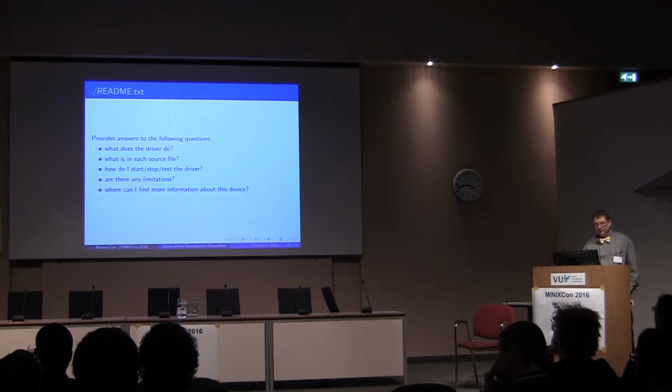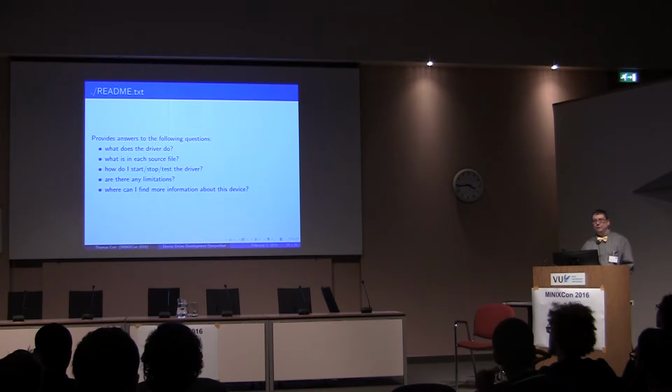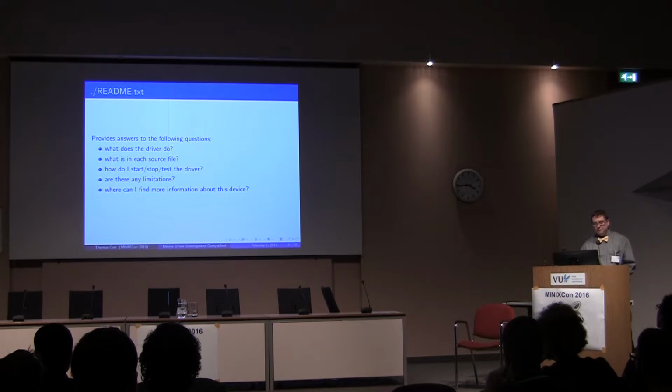And I like to include a README file, but it isn't mandatory. But if you do provide one, try to answer some of these questions, like what does the driver do? What's in each source file? How do you start, stop, and test the driver? Are there command line options that you need to supply? Are there any limitations?